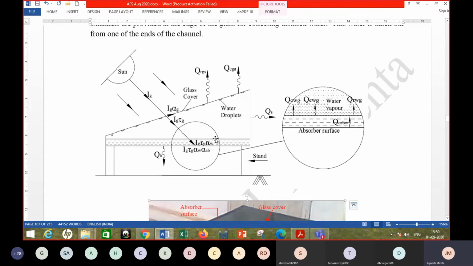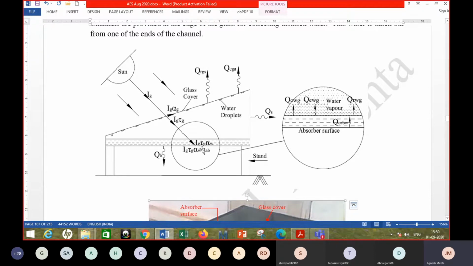Alpha w is again less than 1, so tau g into alpha w is the fraction which, when multiplied with Ig, gives what strikes the surface of the absorber layer.